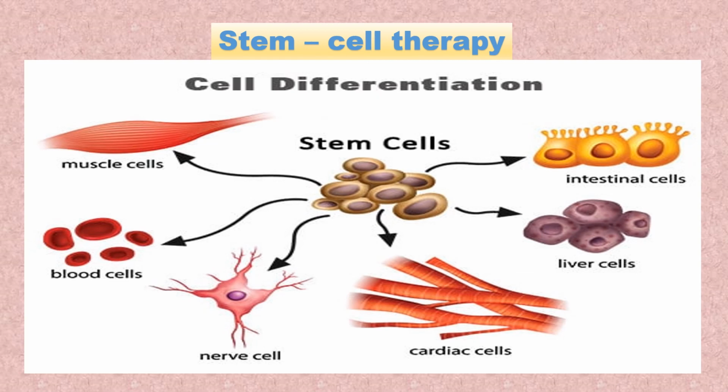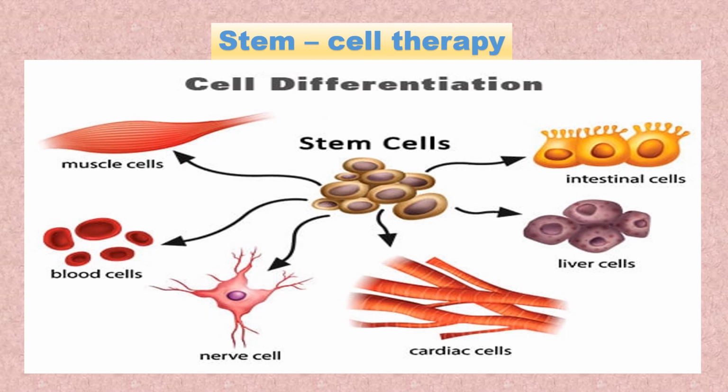From the stem cells come muscle cells, blood cells, nerve cells, cardiac cells, liver cells and intestinal cells. The lost or degenerated part is replaced with the help of stem cell therapy.